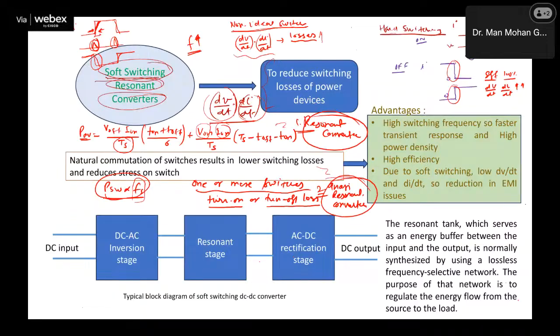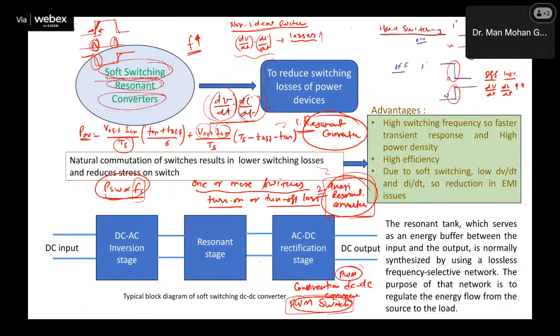So what is this quasi-resonant converter? In a quasi-resonant converter, we use the conventional DC to DC converter, the PWM converter itself. In this PWM converter, we take the PWM switch, and in that PWM switch we use some inductor and capacitor, and we introduce resonance in the PWM switch itself.